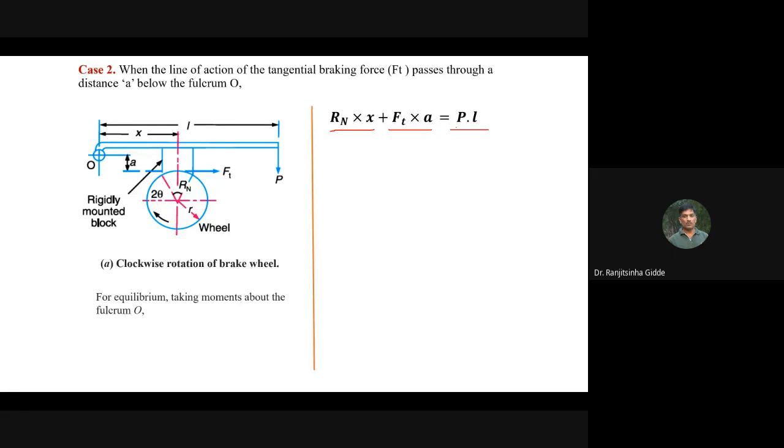From this we are going to find out this Rn. So how to find Rn?